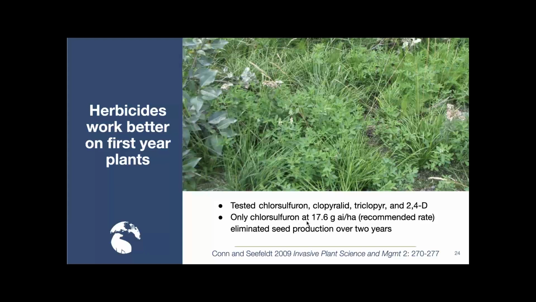They tried to reduce the dosage in some of their trials, but they found the full dosage of this one worked the best. And then first years, like in this picture, responded better.